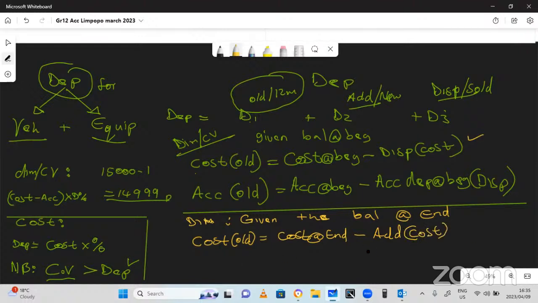The cost of the addition at cost. So this is how we are going to do it.